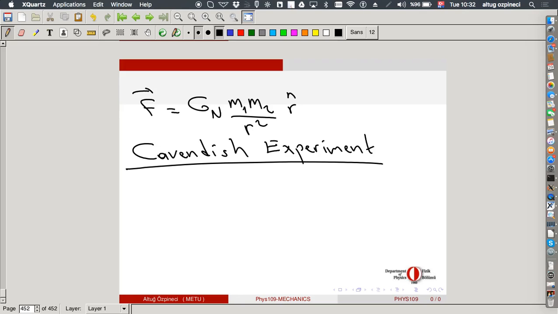It is so weak that we have to find a means of measuring very weak forces. This is basically the setup of Cavendish. There is this string; he used a steel one. If you take this mass and rotate it a bit to one side and release it, it will do an oscillatory motion.